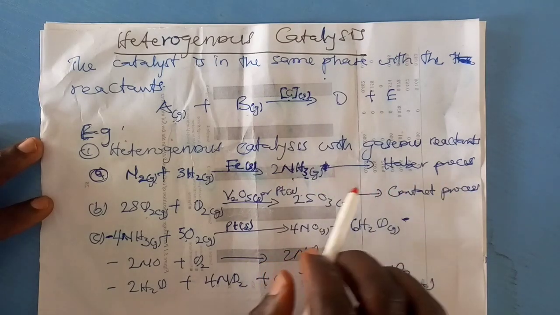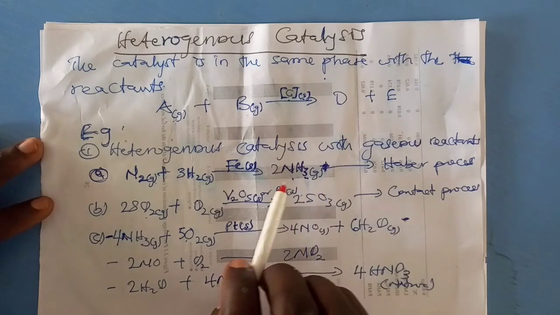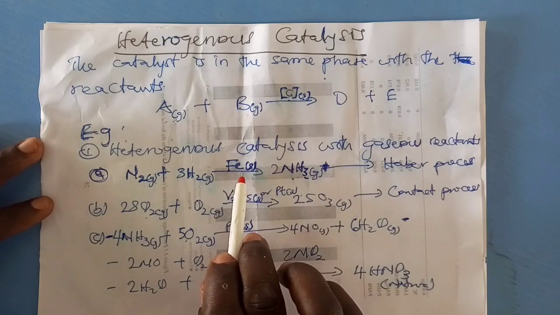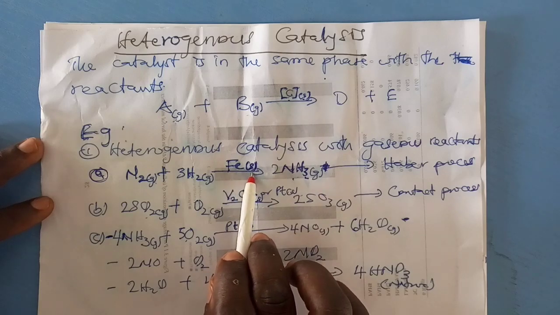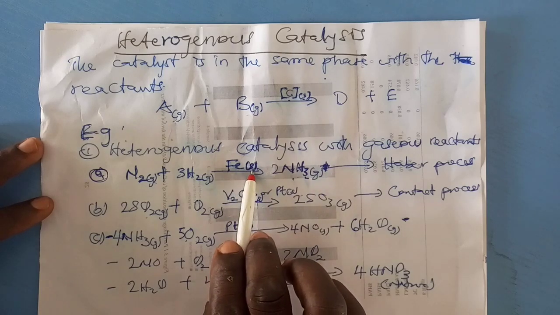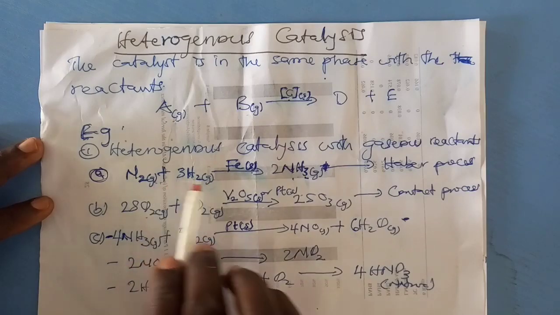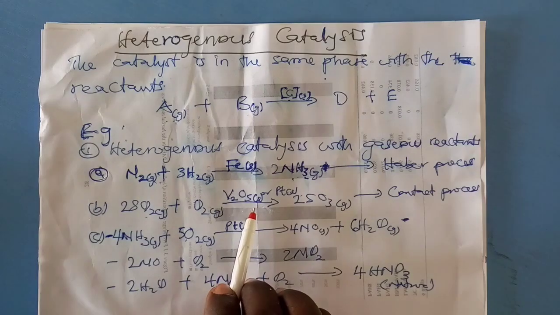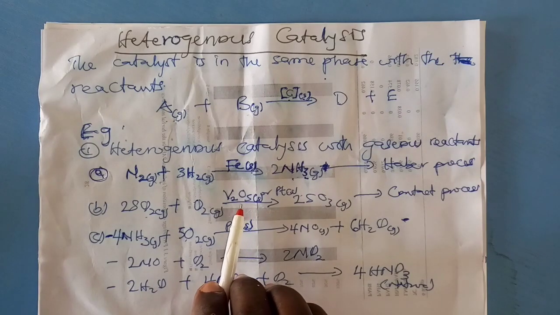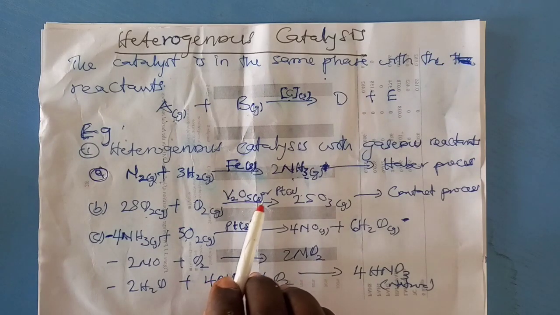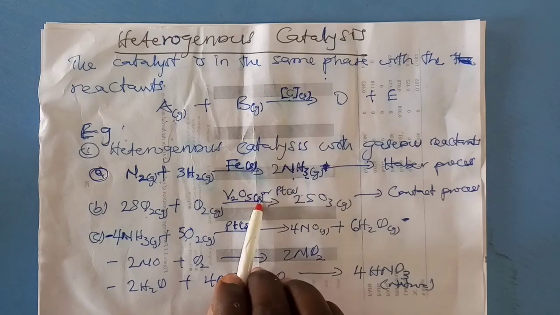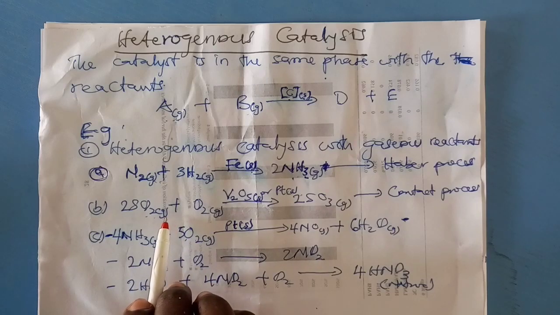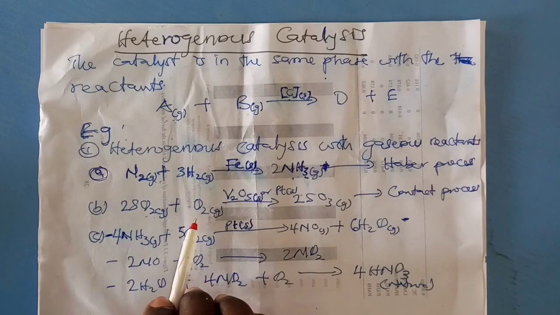This is the Haber process, the industrial preparation of ammonia. You have this catalyst called finely divided iron. You can see that it is in solid phase while the reactants are in gaseous phase. This also applies in the contact process, the industrial preparation of sulfuric acid, where you use vanadium pentoxide or platinum. They are both solid catalysts, while their reactants are in the gaseous state.